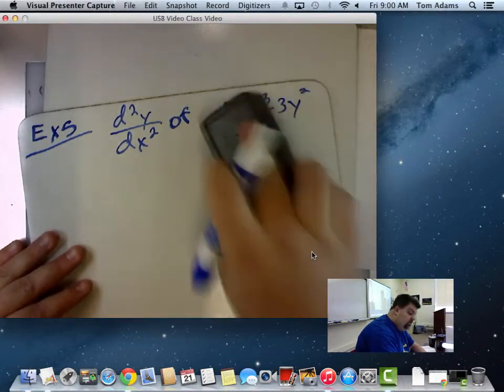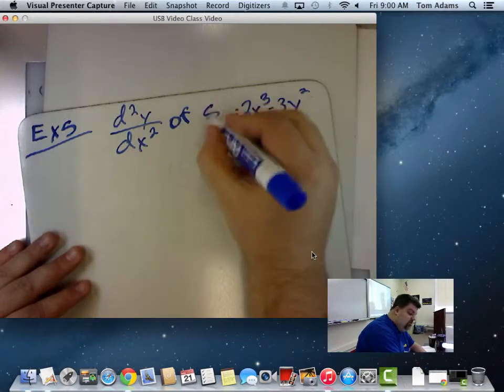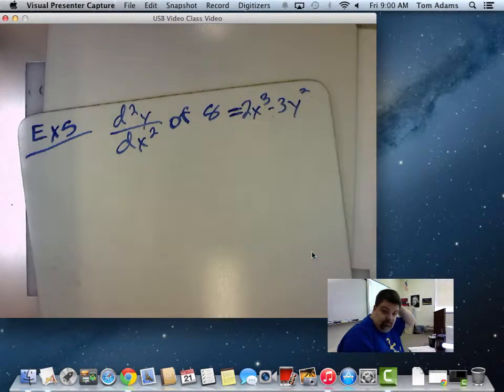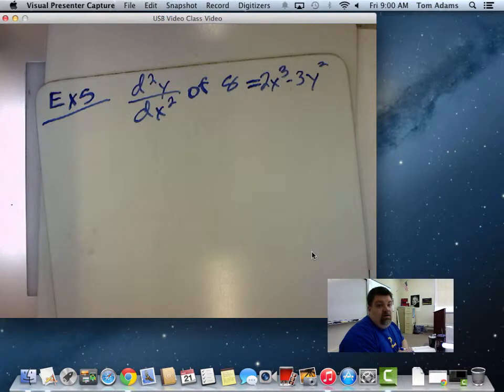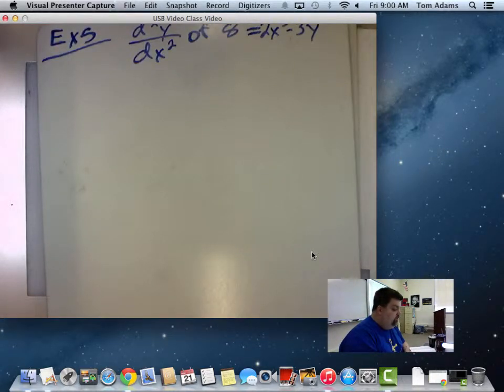Actually, they wrote it a little different. It's not f of x. It's 8 equals this. Now that is some crazy stuff. And they want a second derivative. Y double prime is basically what they want. So we need to differentiate this twice.